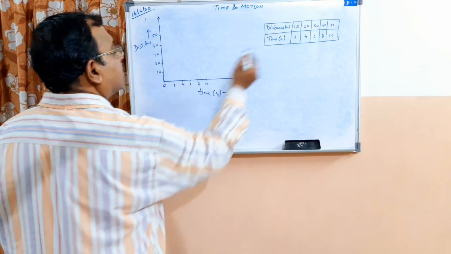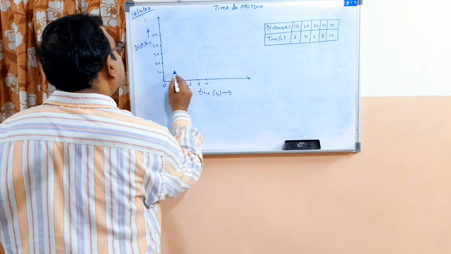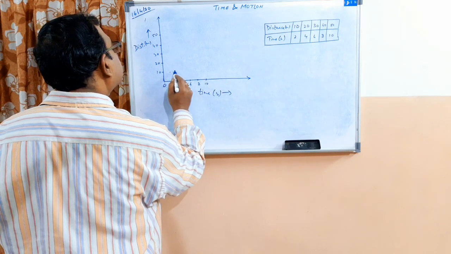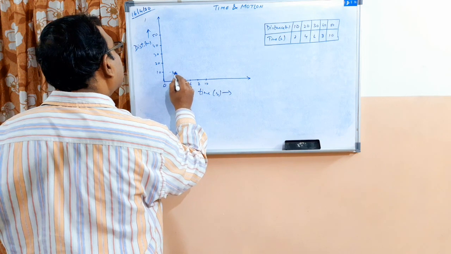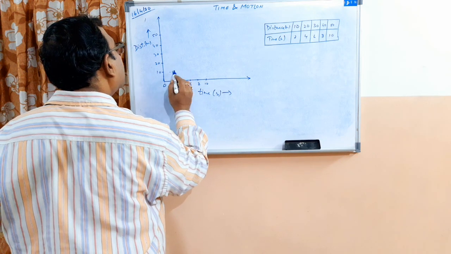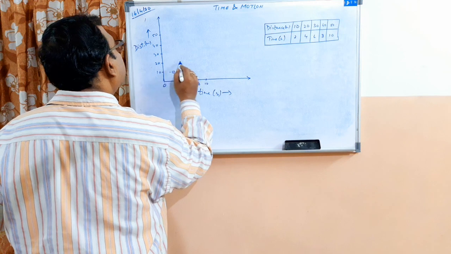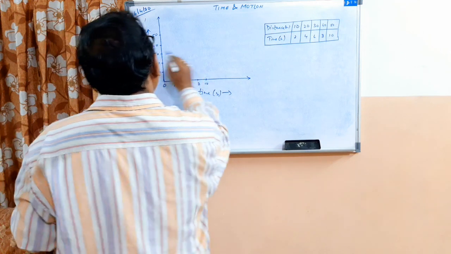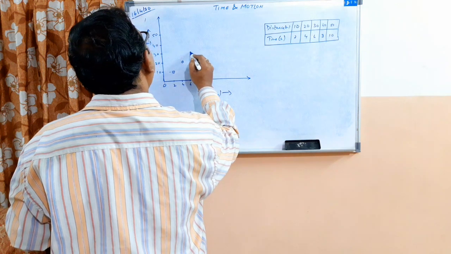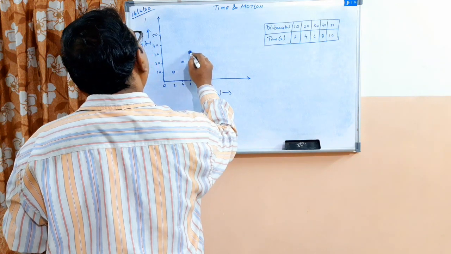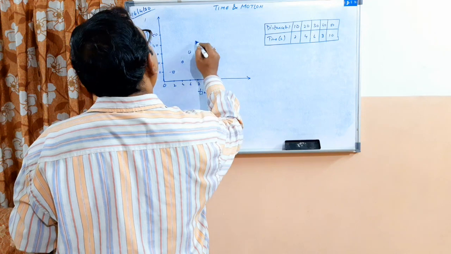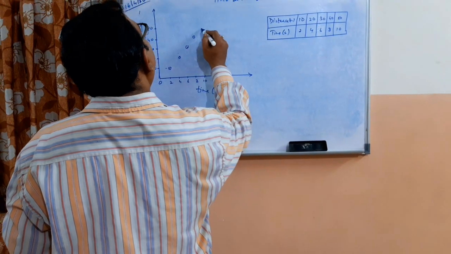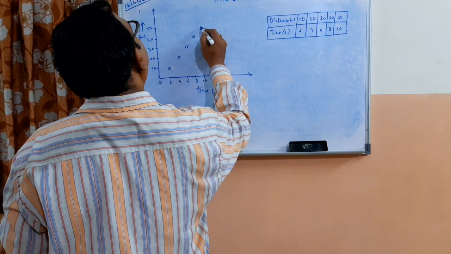Now to plot 10 meter in 2 seconds. So how to do? You draw one perpendicular over here, and wherever they intersect, this is the point. Similarly, from 20 and 4, this will be the point. 30 and 6, this will be the point. 40 and 8, this will be the point. 50 and 10, this will be the point.